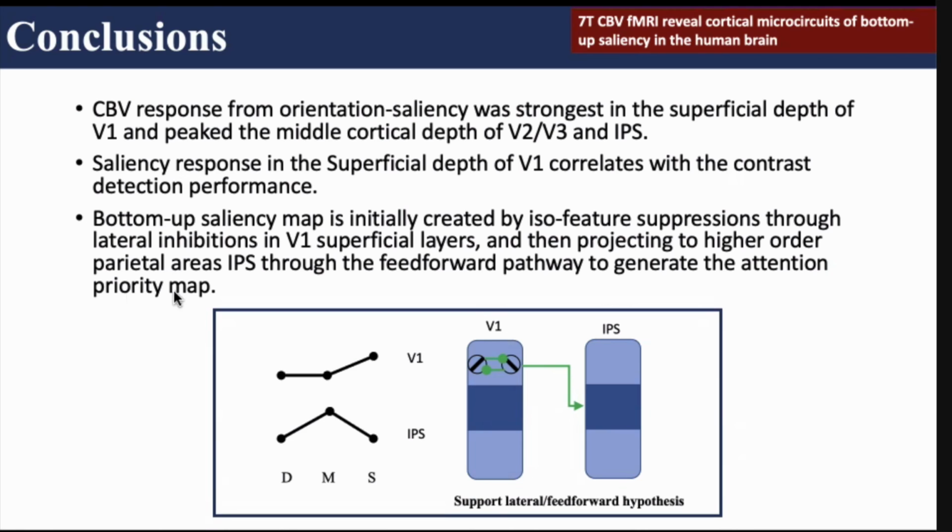And the next is that the bottom-up saliency map is initially created by the iso-feature suppression, so the lateral inhibition in the V1 superficial layer, and then projecting to the higher-order parietal area IPS through the feedback pathway to generate the attention priority map. So this is the possible pathway for the bottom-up saliency signals.